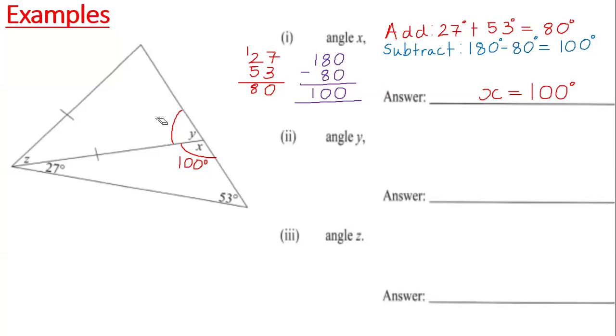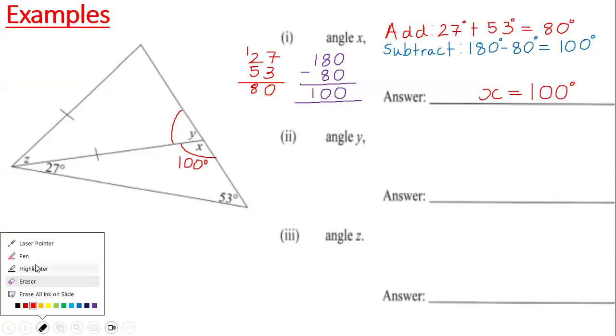You subtract 100 from 180. Why would you say that? Because angles that meet at a common point equal 180, and y and x are at a common point. Is he right? Do y'all agree with that? Yes, he is.